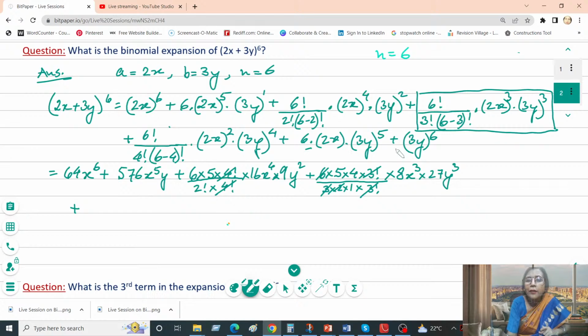This is 6 we have got, and the numerical coefficient is 1, that is also known. Do we actually have to calculate this? No, we do not. Because whatever will be the value of this part, will be the value of this part.